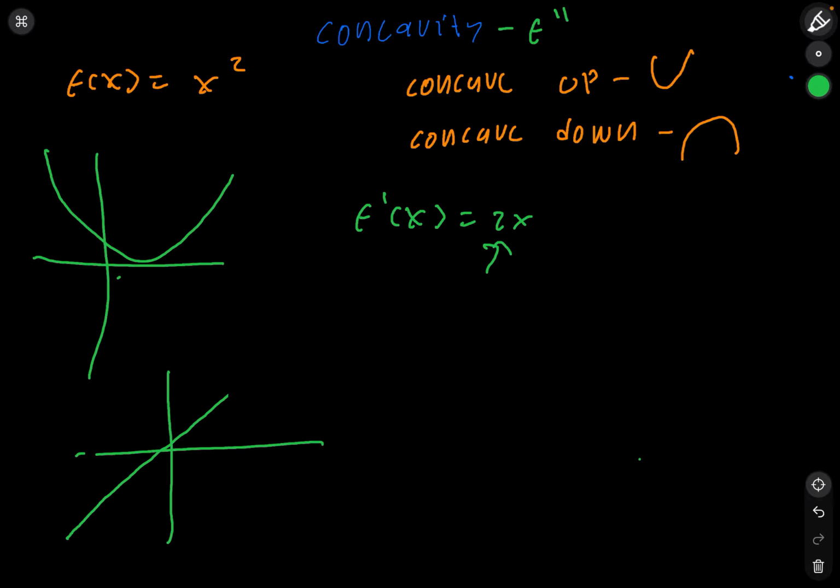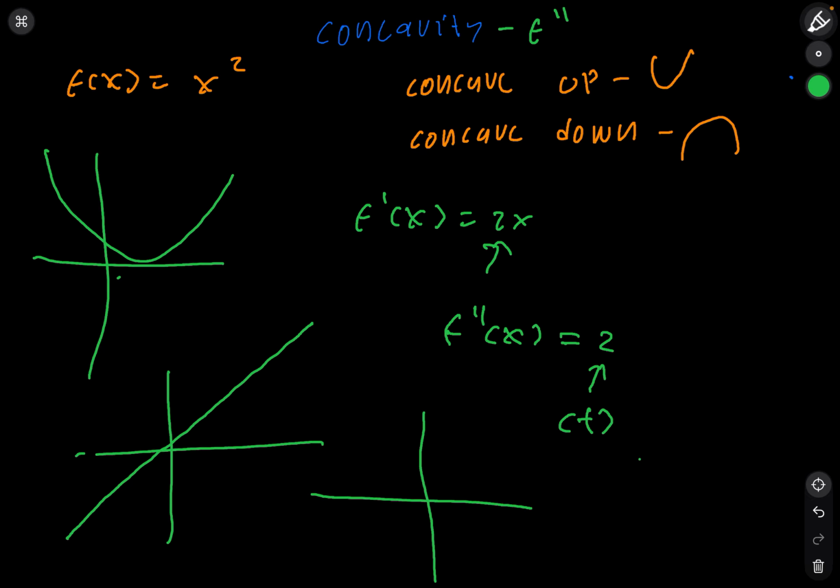And we know 2x is going to look like this. This is the derivative, right? Let's do it. f double prime of x is equal to 2. This is always going to be a positive number. So your concavity here is going to look like this.